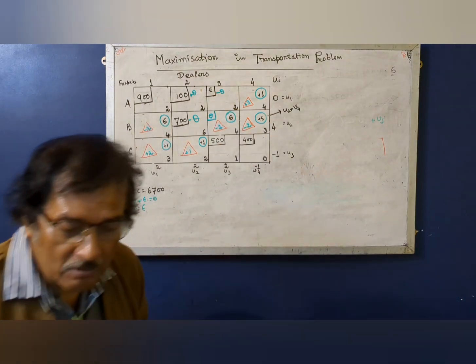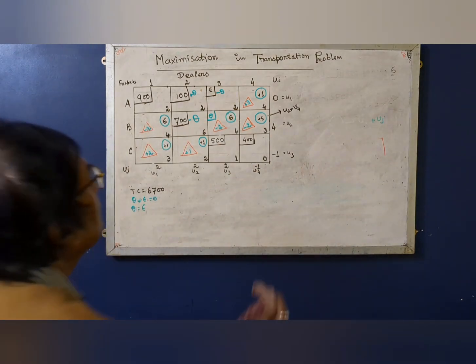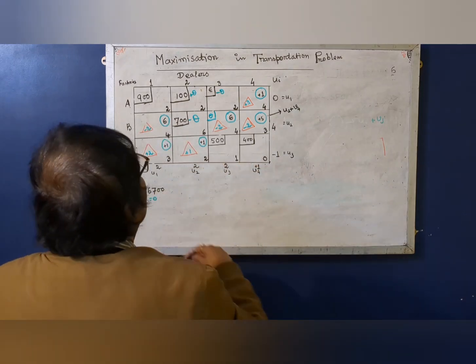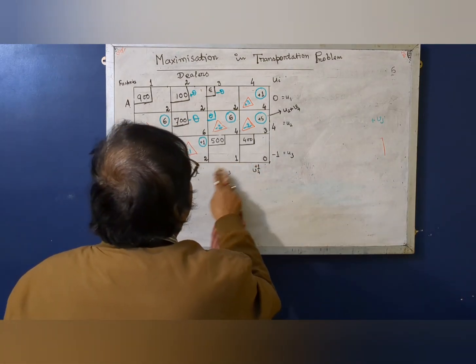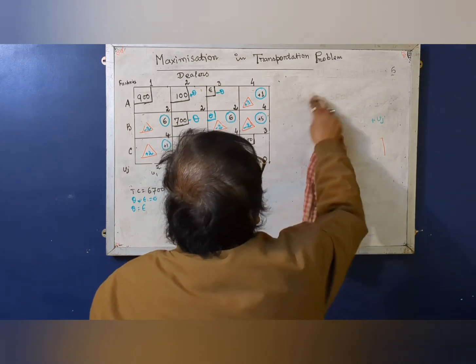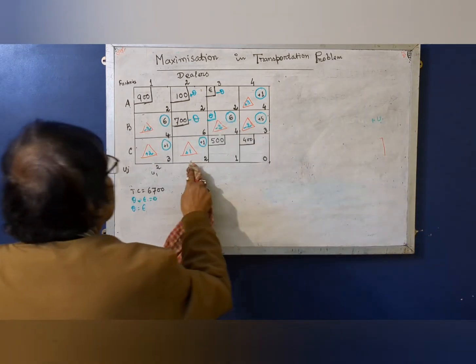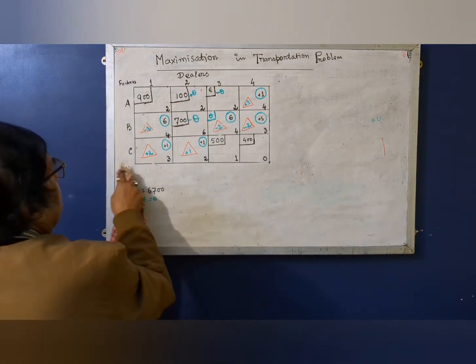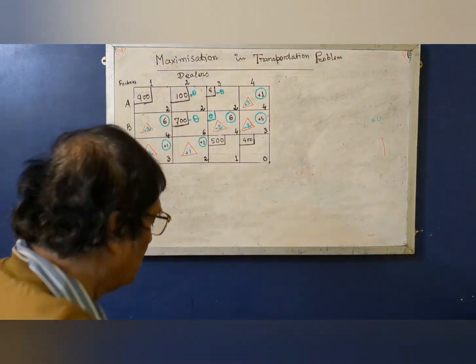So I am going to form the new basic cells. I am erasing this part to get space, because I have minimum space here. It is not required further.